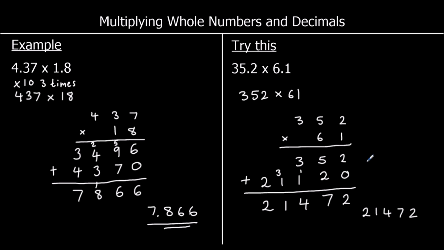There were 2 numbers after decimal points in the question, so there's going to be 2 numbers after the decimal point in the answer. We multiplied by 10 twice to change the question, so we divide by 10 twice to get the right answer.